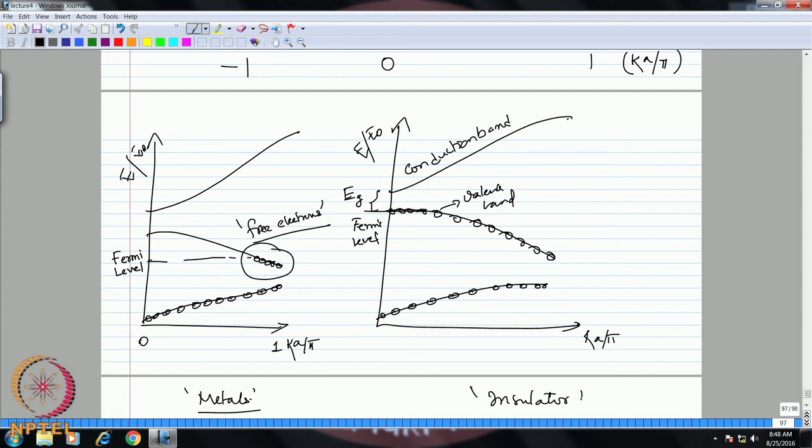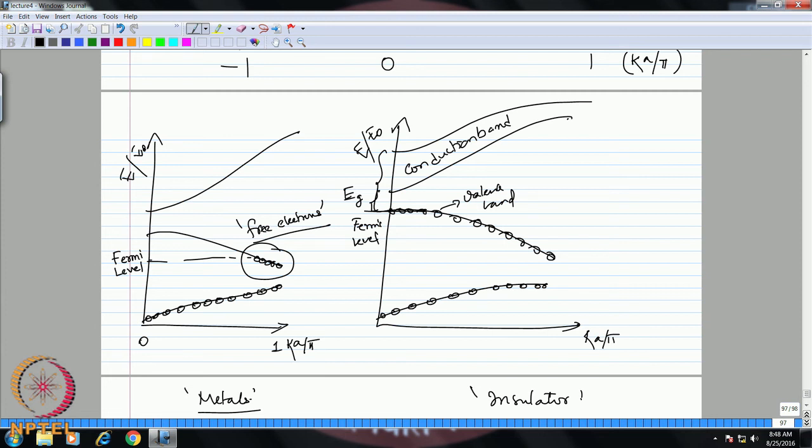Now, the band gap here may look small, because I have probably drawn this for a semiconductor, but if you are looking at a real insulator, the actual conduction band can start from somewhere here. Then this could become your band gap.